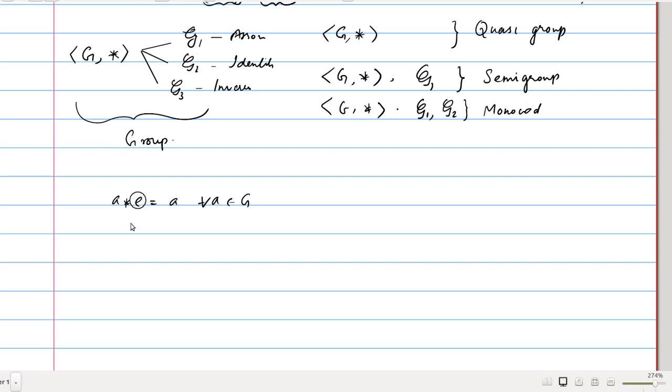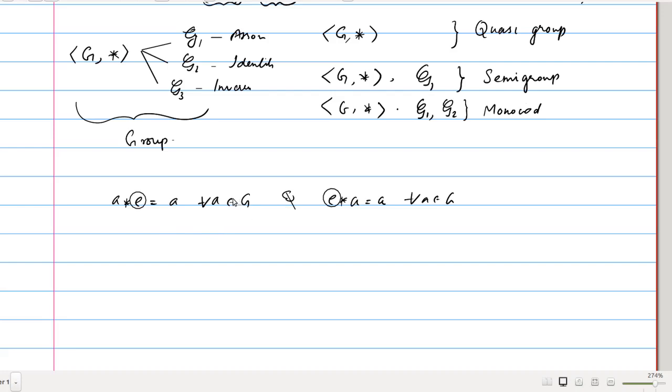And if we have E star A is equal to A for all A belonging to G, then the element satisfying this condition is called the left identity element. So for an identity element, we expect these two conditions. If both hold, then we can say that E is the identity element of that group.